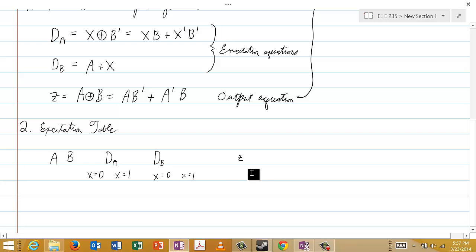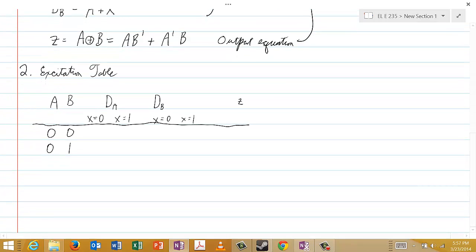But in a Moore machine, the present value of the output Z does not depend on the present value of X, and therefore just one column will suffice for Z. So this will be the outline of our table, and of course the 4 possible combinations of our states are given right there.